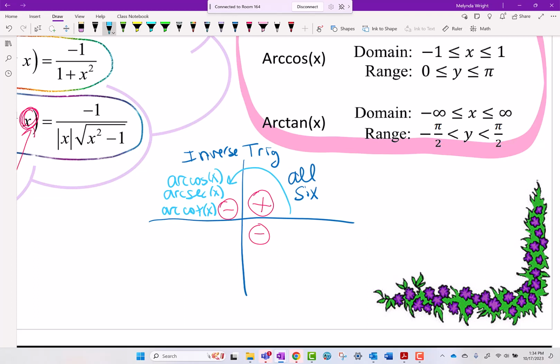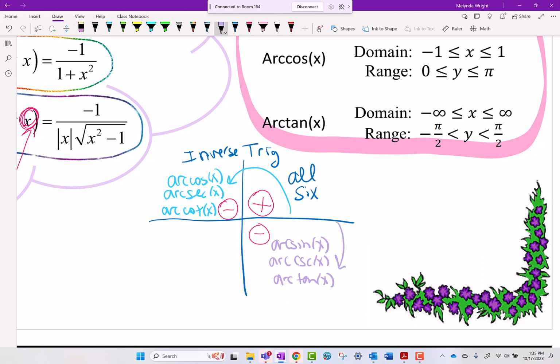If that x value is negative, then you have to go to the fourth quadrant for arc sine of x, its reciprocal, which is arc cosecant of x, and arc tangent of x. And to get to this angle measure, you have to go backwards.